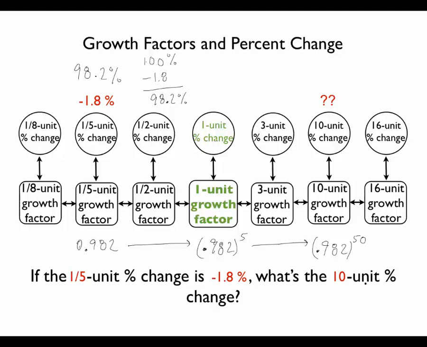What is 0.982 to the 50th? One four? Is this right? Did I hear that right? 10 unit percent change now. So again, how much are we keeping? We're keeping 40.325% kept every 10 units.